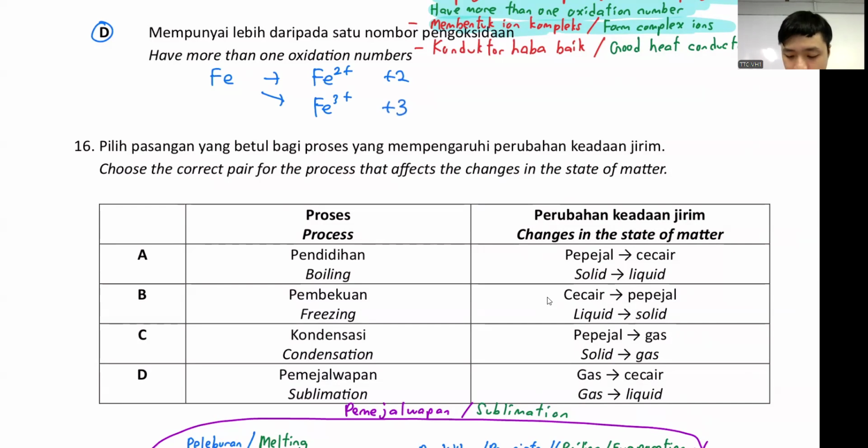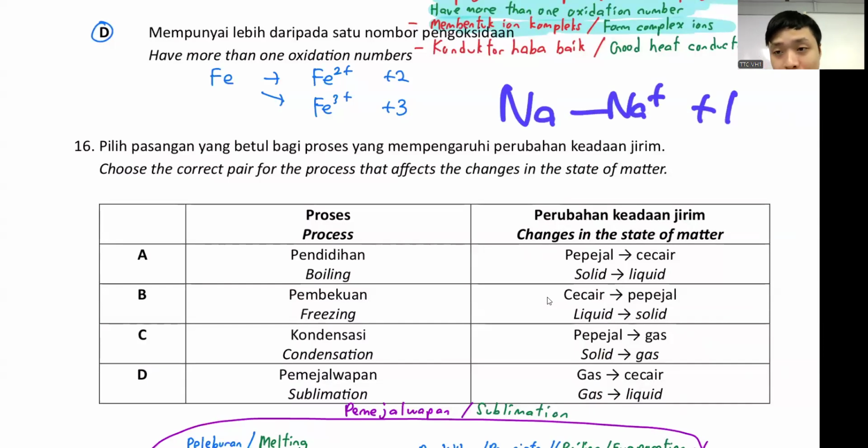This is called more than one oxidation number. Unlike sodium, sodium only got Na+, positive 1. There is no 2+, 3+, no. That's why Na is not a transition element.